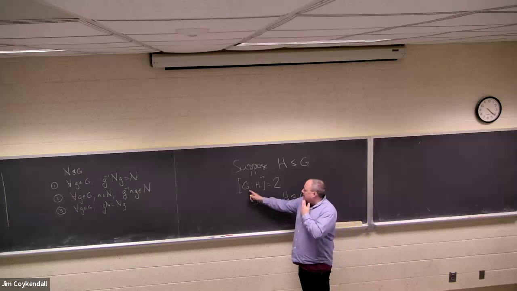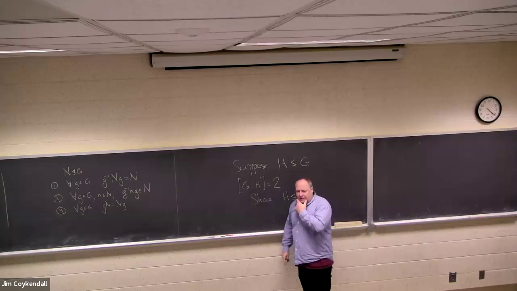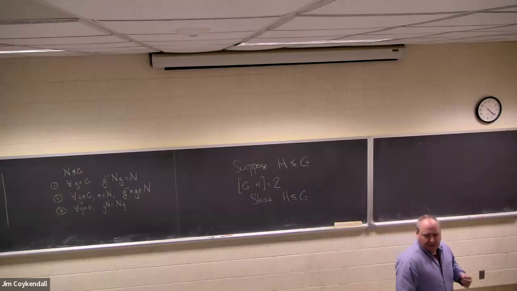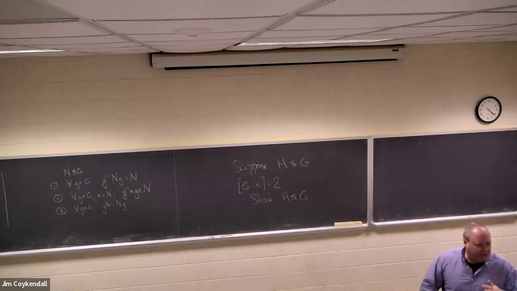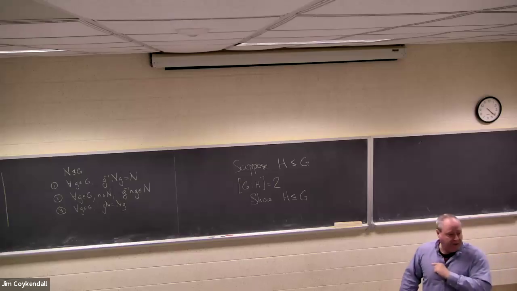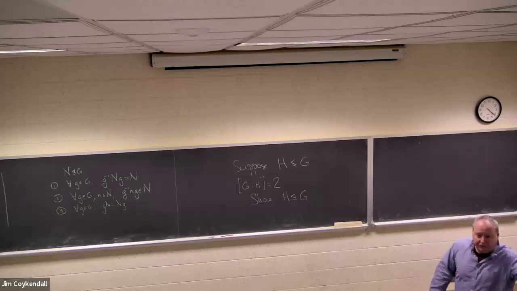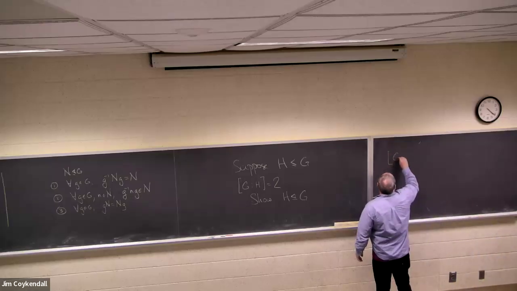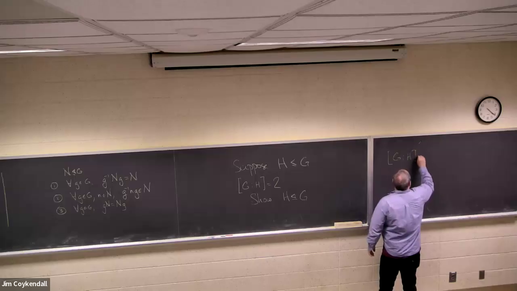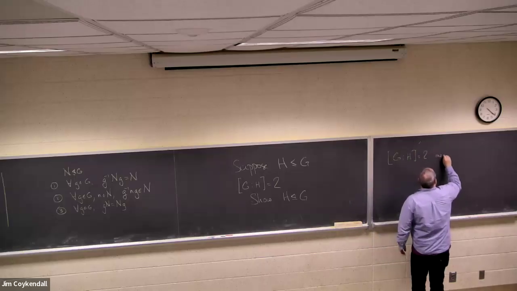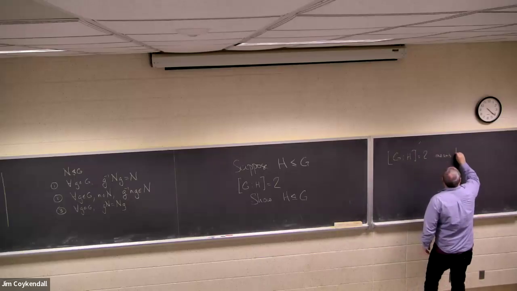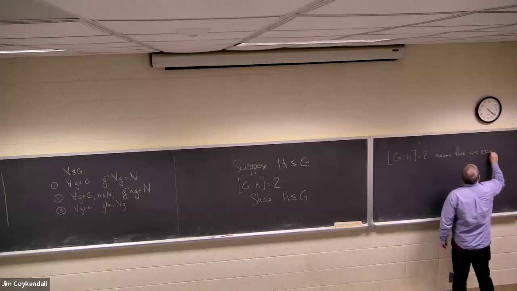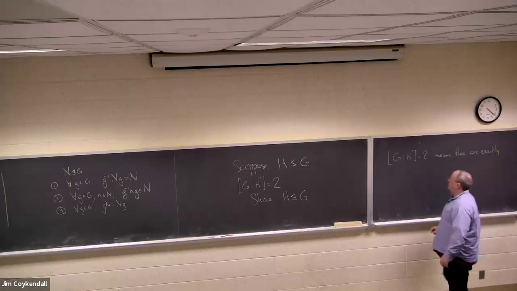What does it mean for the index of H in G to be 2? It means there are 2 cosets, that's it. And I know what one of the cosets is. It's H. Exactly. 2 left cosets.